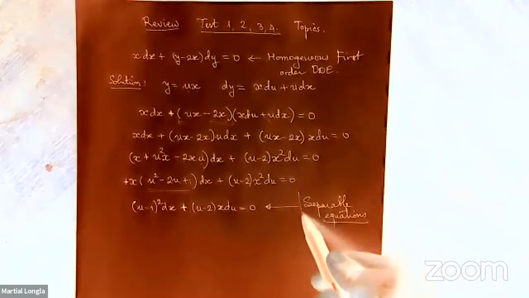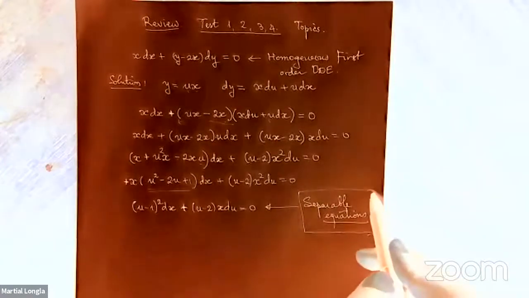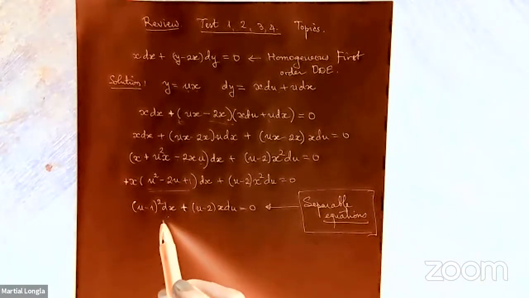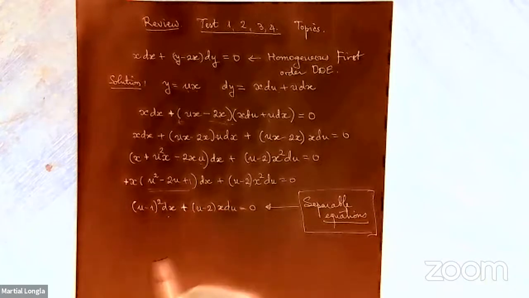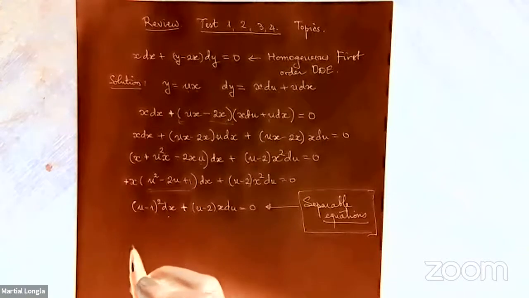Like I was saying, this is a separable topic of this test as well. Need to know how to solve separable equations. And how to solve a separable equation? Separate the variables. Get all the things with u on one side, all the things with x on the other side.